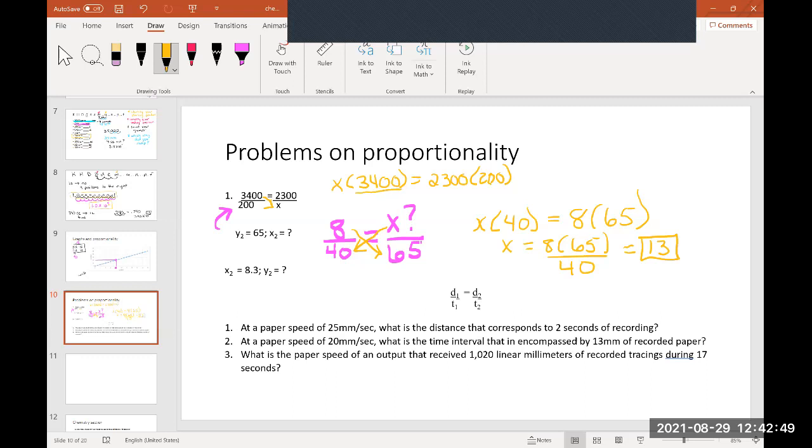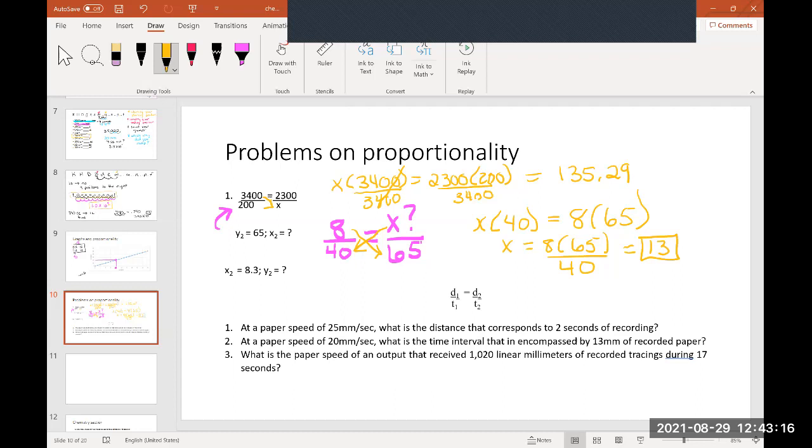I would have to divide both sides by 3,400. And now I get 2,300 times 200 divided by 3,400, and I get 135.29.